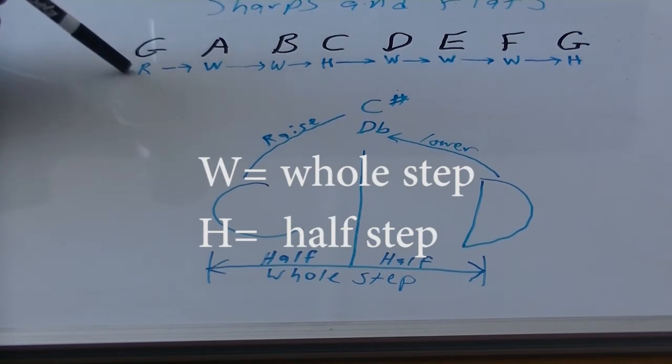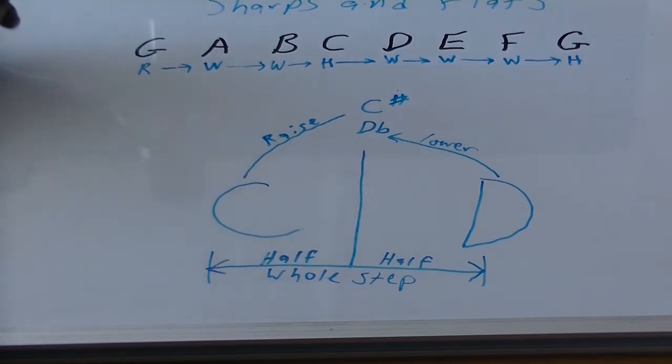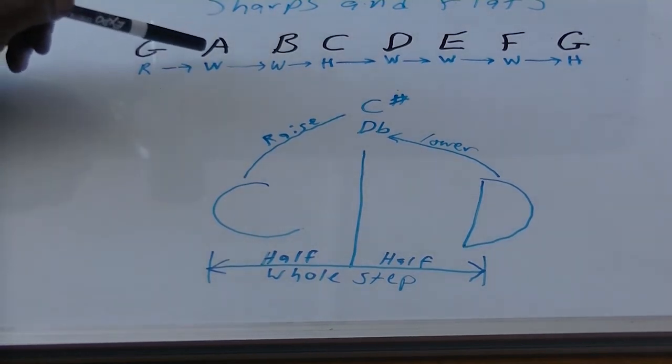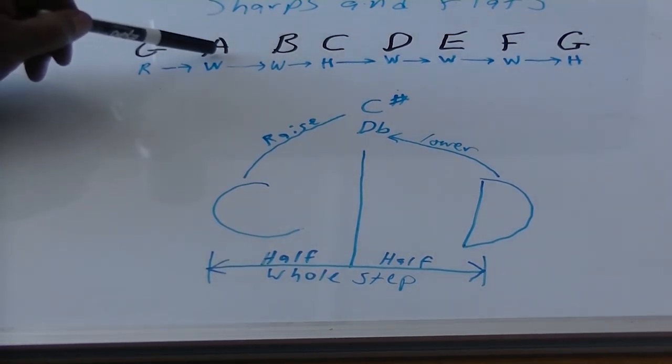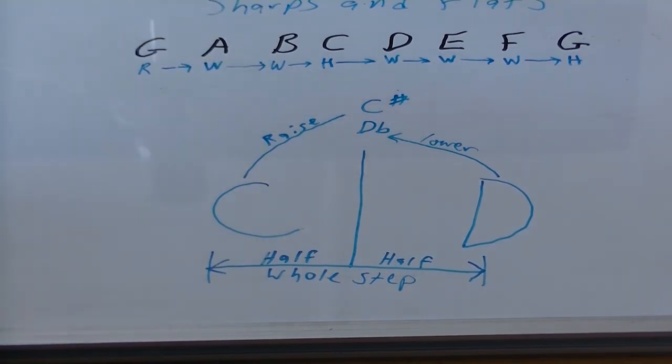So we have a root note, we're at G, and we need to go up one whole step from G. With our knowledge of music theory, we know that from G to A is a whole step, so this A note is good. We're at A, and now we need to go up a whole step.